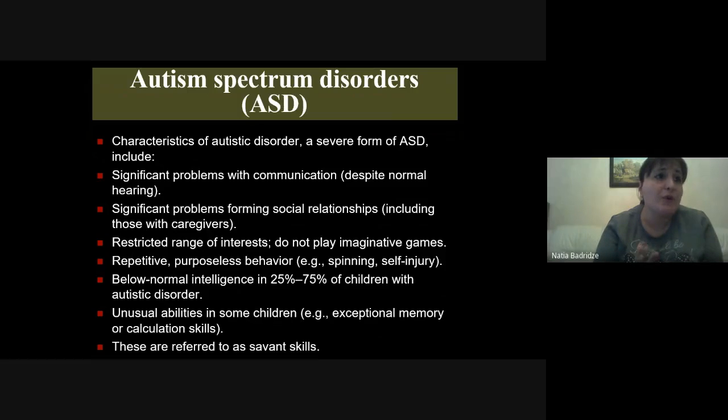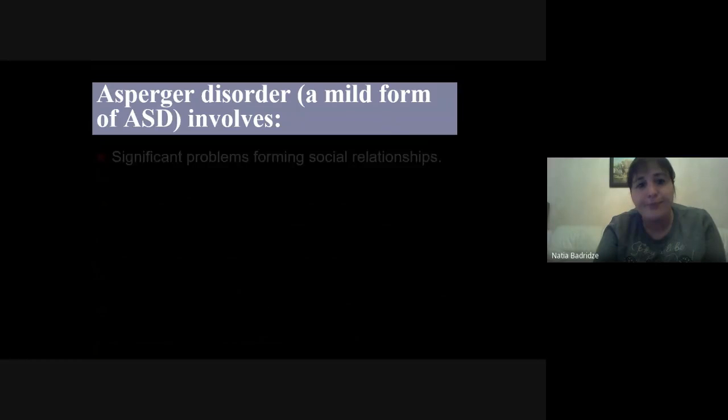These types of autistic kids we call savant kids, or kids with savant skills, with exceptional memory or calculation skills. But this is a very rare type of skill that occurs in autism spectrum disorder. This is a very severe type of disorder.